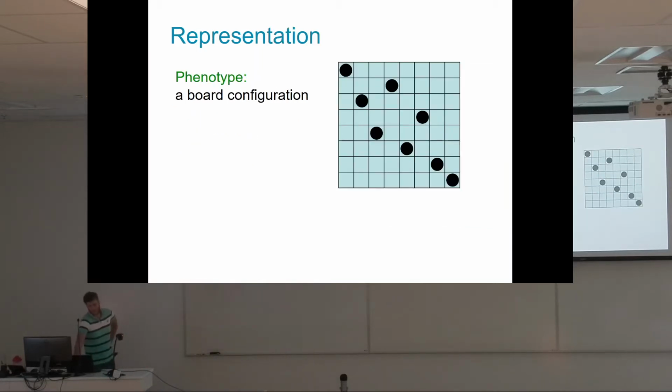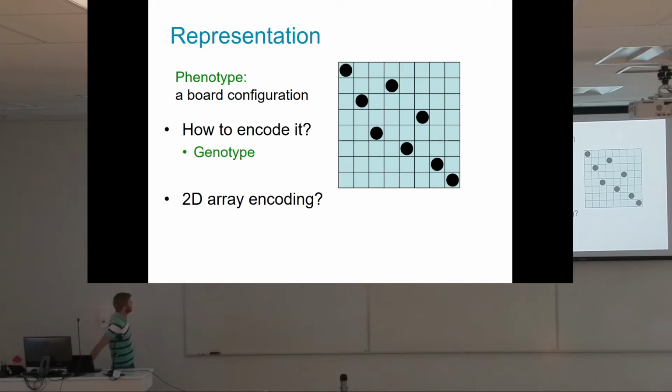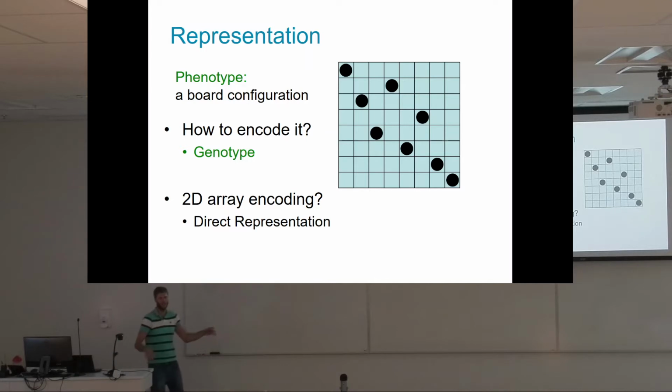So, phenotype. The thing I'm trying to represent is this chessboard. So how do we want to encode it? And I know we've talked about this. We're going to encode it with a genotype somehow. A 2D array encoding is a very direct representation, but again, remember, direct and indirect are relative terms.